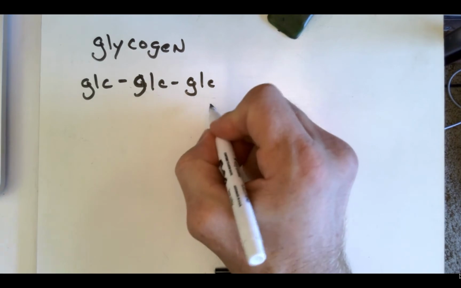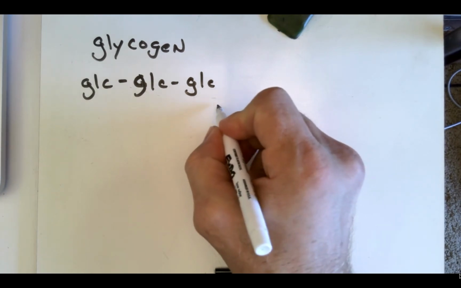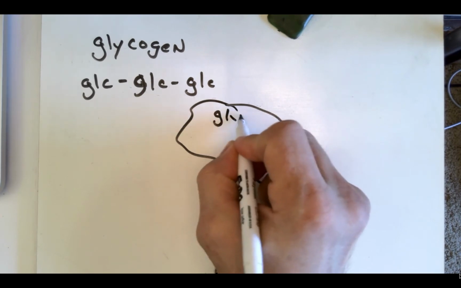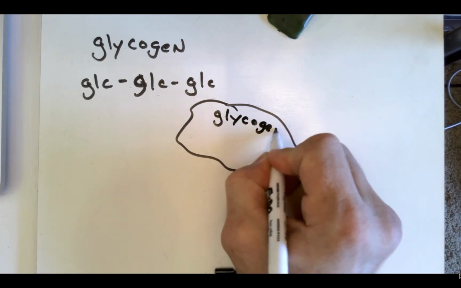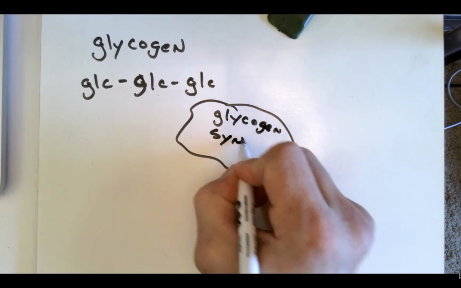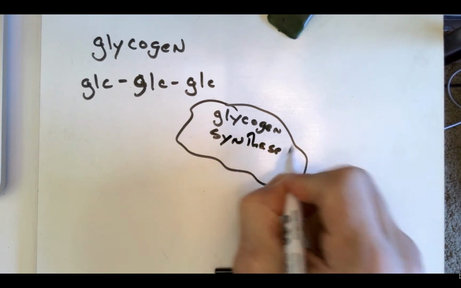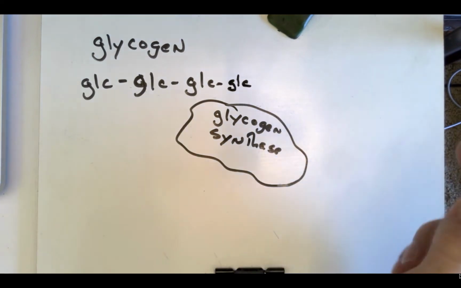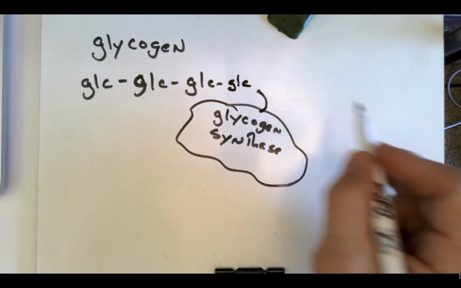And the enzyme here is called glycogen synthase. And this glycogen synthase is adding glucose, and glucose, and glucose.